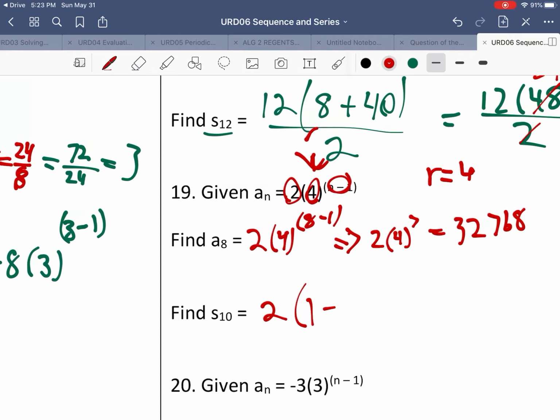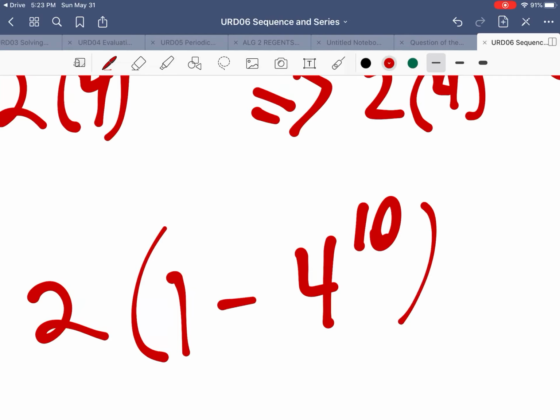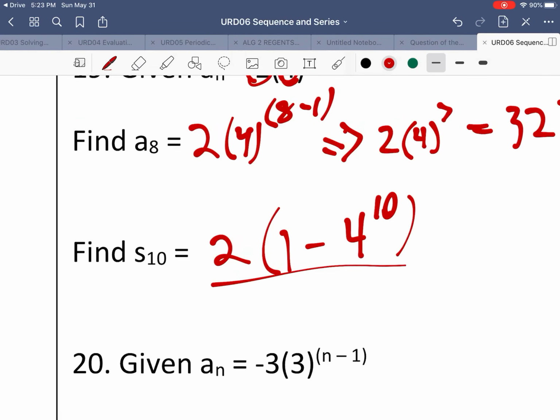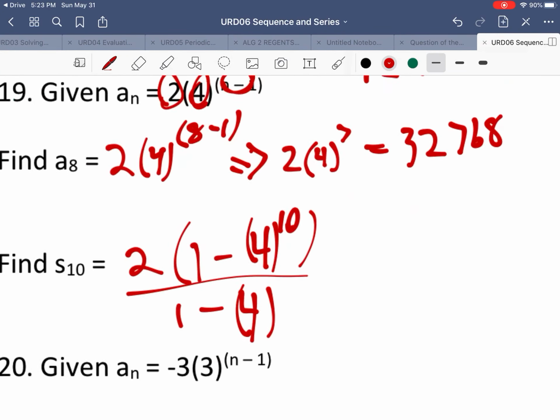The rule was to multiply by 4. So 1 minus 4 to the 10th power, that's the number of terms we're doing this for. All of this is divided by 1 minus 4, the common ratio.